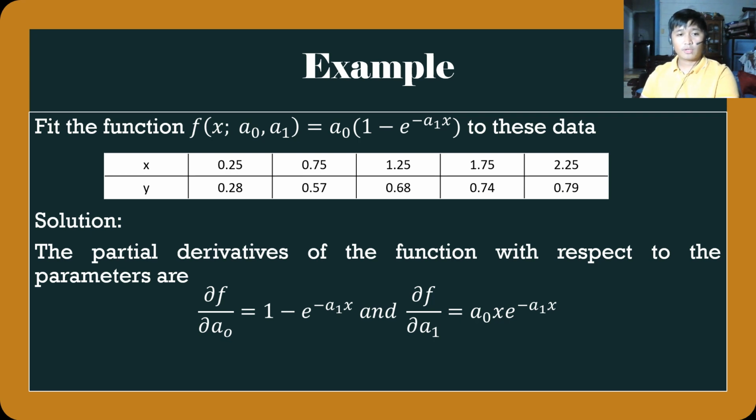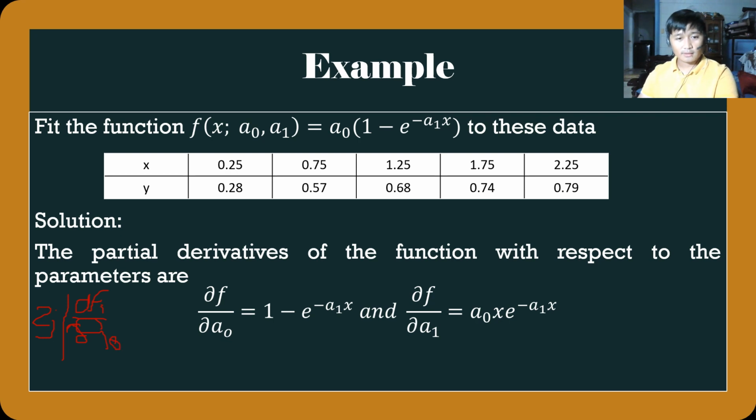And then for the solution, we have this function. In our matrix Z of J earlier, we discussed that we have the formula of the function, the partial derivative with respect to a sub 0.